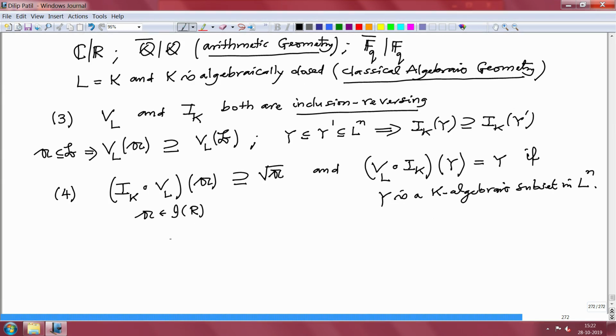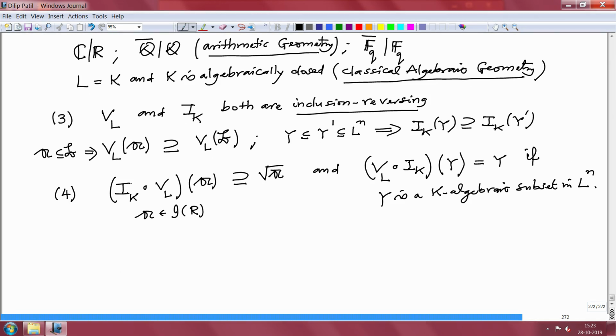So these again I will not prove, these are very easy to check. For example, if I have to check this, if I take any element here, that is a polynomial with coefficients in K. So the power of that will belong to A, and obviously this power will vanish wherever V_L is vanishing. So that means it is in this I_K.